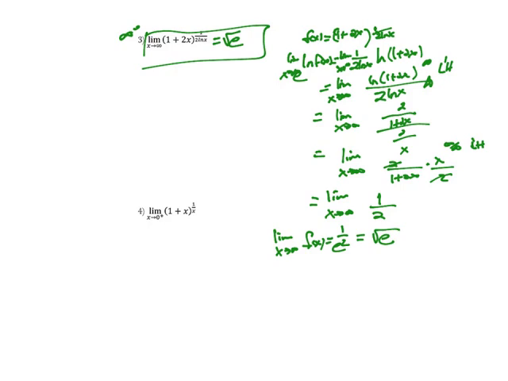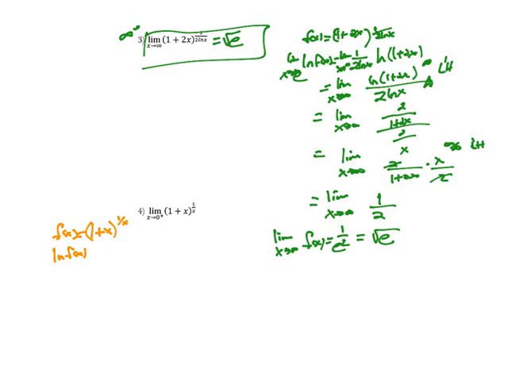Okay? 2 more examples. I'll move over here to the left on this one. So f of x I'm going to identify as 1 plus x to the 1 over x. Natural log both sides. And that is coming at 0 from the right, because I'm not getting to 0, I'm approaching 0 from the right, so that's in the domain.